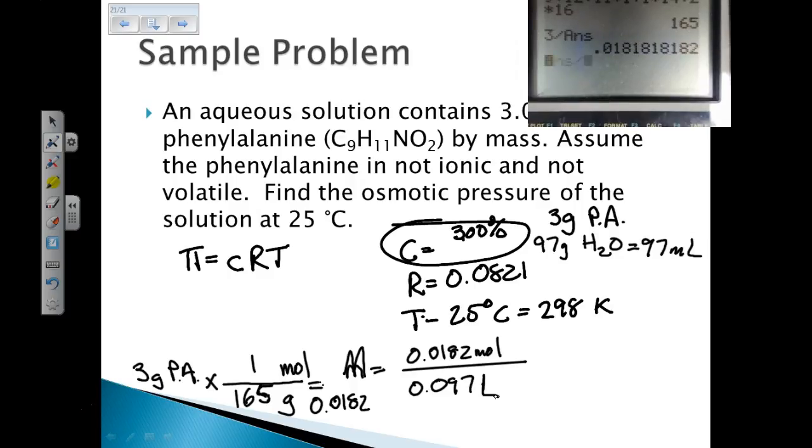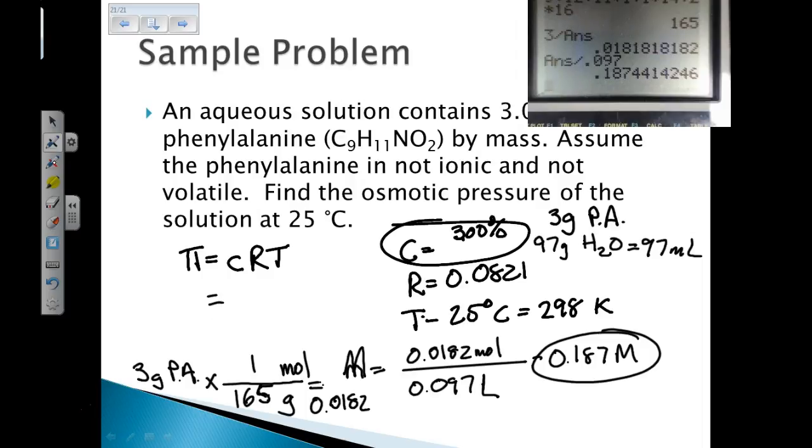We divide by 0.097, and we get a concentration of 0.187 molar phenylalanine.